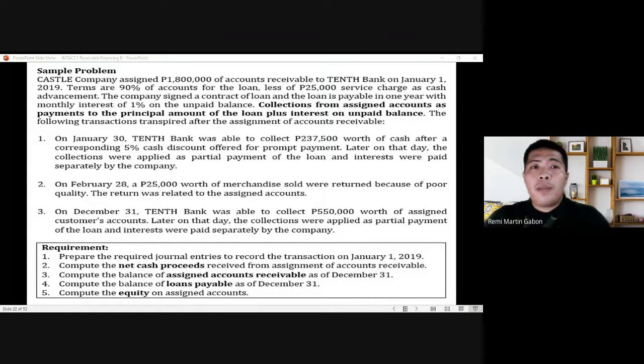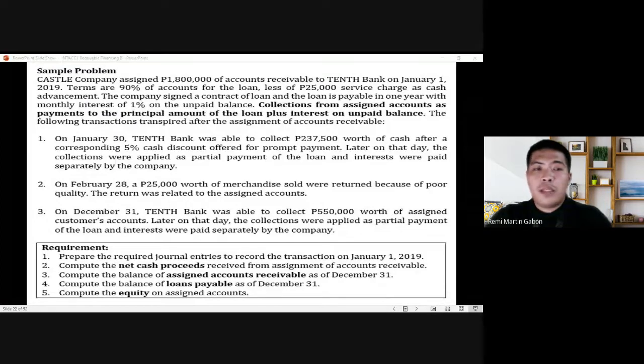So in this problem, the customers did not pay anymore to Castle Company. Rather, they pay their accounts to 10th Bank directly. Then another thing is that the loan was applied by the bank itself as payment of the loan. Then the interest is paid separately by the company.